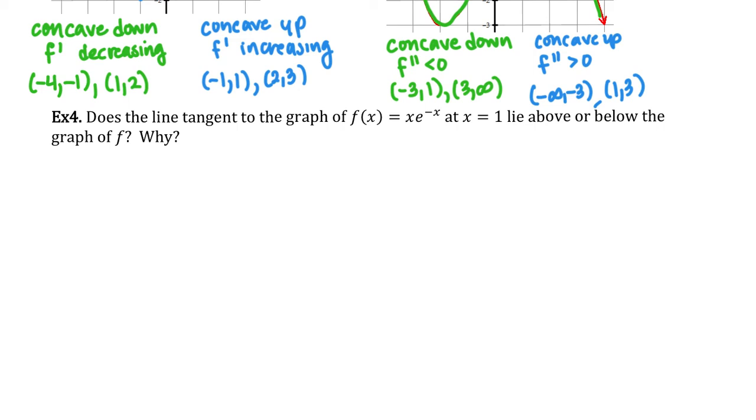Okay, so for concavity, I want the second derivative. Let me find the first derivative first. We're doing product rule. First, the derivative of e to the negative x is e to the negative x times -1 because of the chain rule, plus e to the negative x times 1.